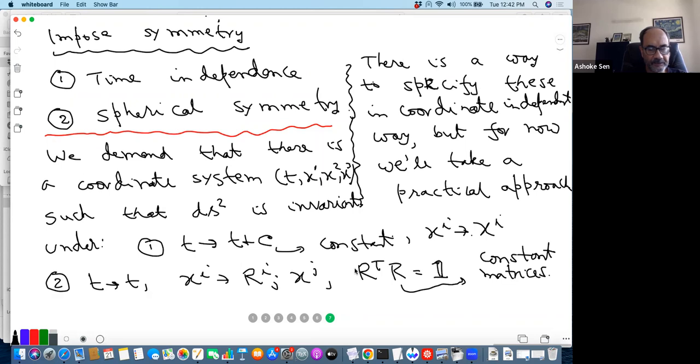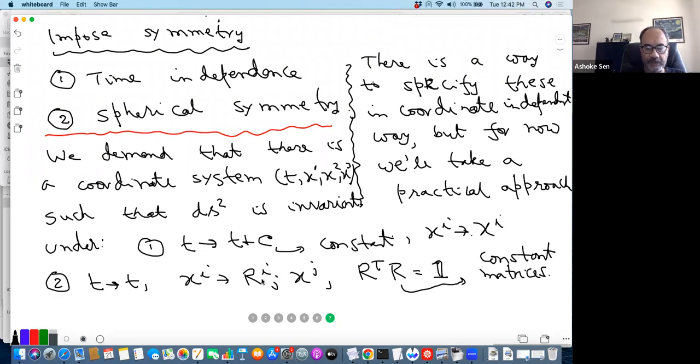Is this clear? So in other words, our definition of time independent and spherical symmetry will be that it is possible to find a coordinate system in which the solution is explicitly independent of time and in which the solution remains unchanged when you rotate the coordinates.